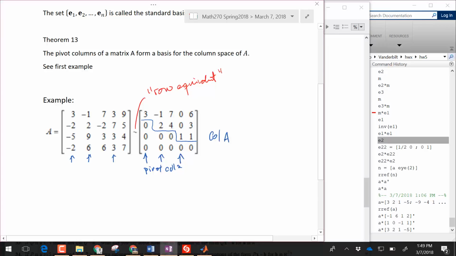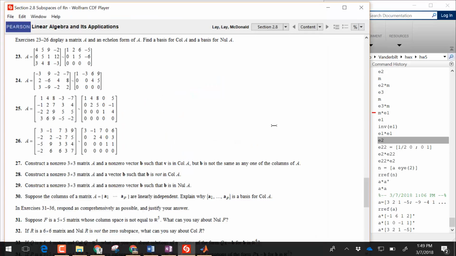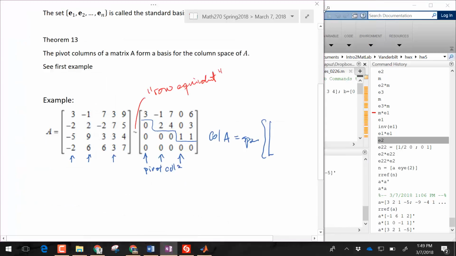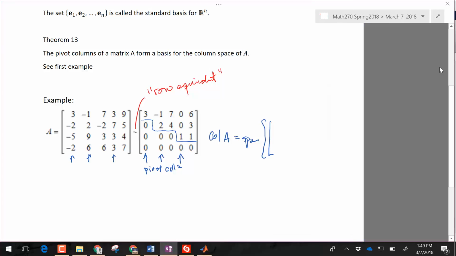So the column space, the subspace Col A, is going to be the span of the vectors 3, minus 2, minus 5, minus 2; 1, 2, 9, 6; 3, 7, 3, 3.